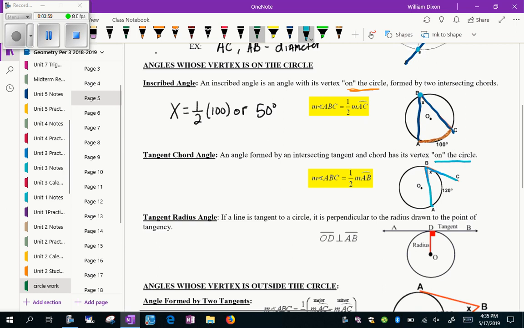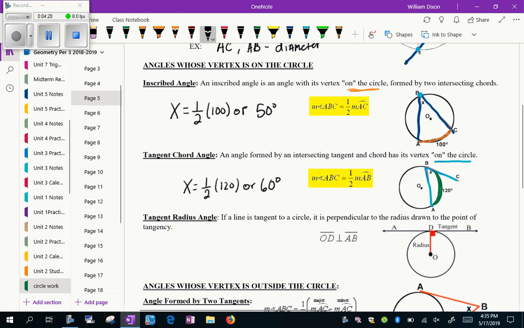Well, the arc that's intercepted by those two lines is 120 degrees. So the relationship is that it's going to be 1/2 the intercepted arc. So X is going to equal 1/2 of 120, or 60 degrees.